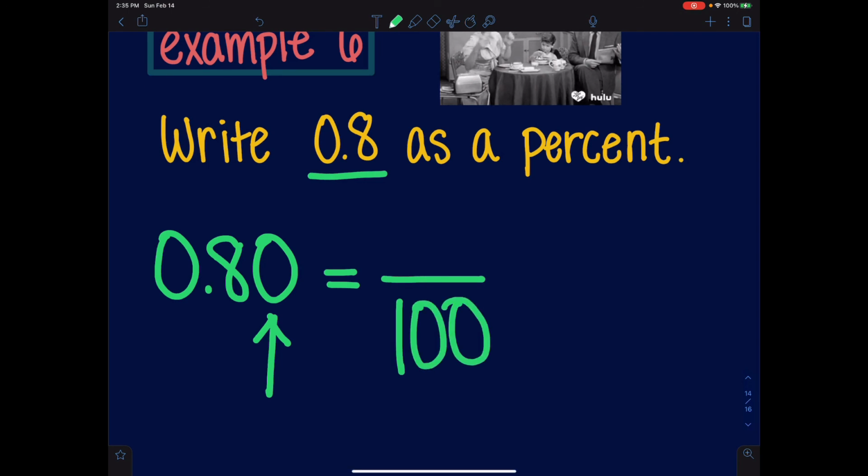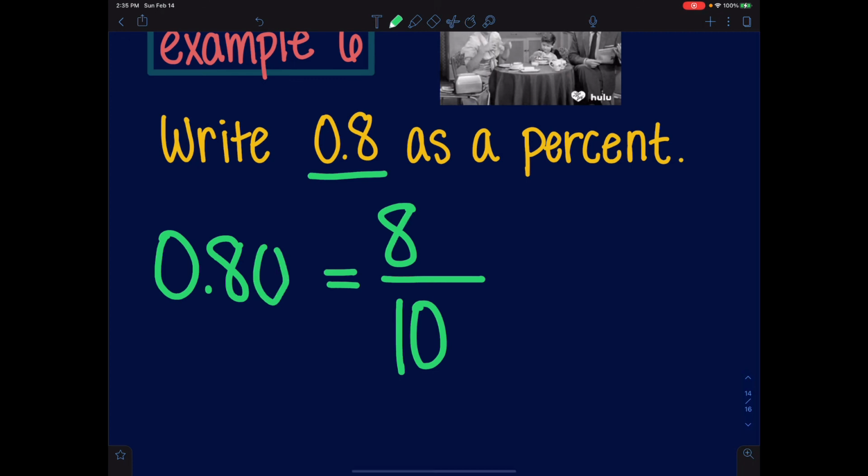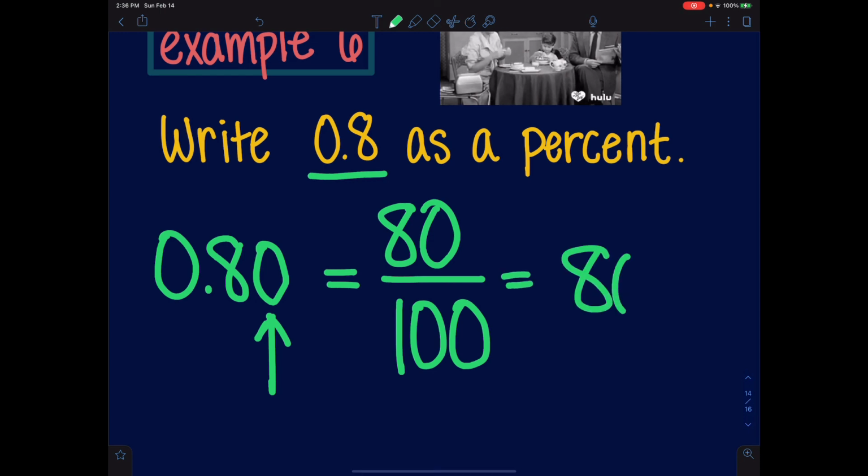If you left that 0 off, it would actually be 8 out of 10. But when you add that 0, because that one is in the hundredths place, now it's 80 over 100. Does that make sense? So now this is easy peasy. You have something over 100, and the answer is going to be 80%.